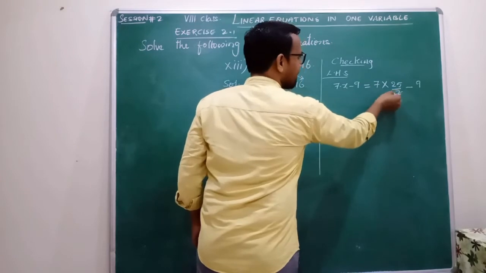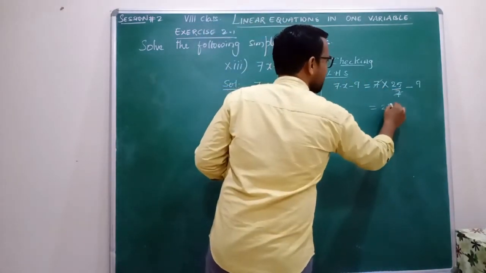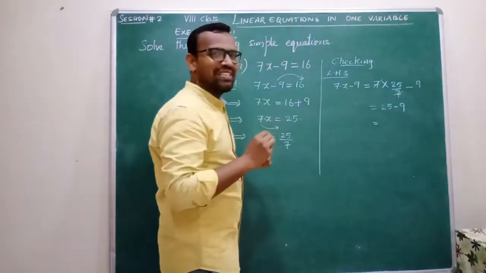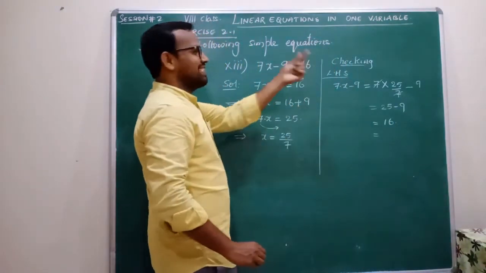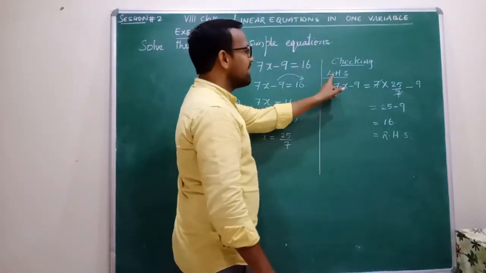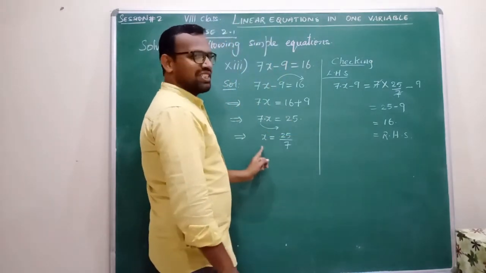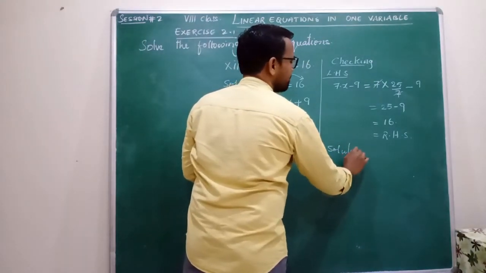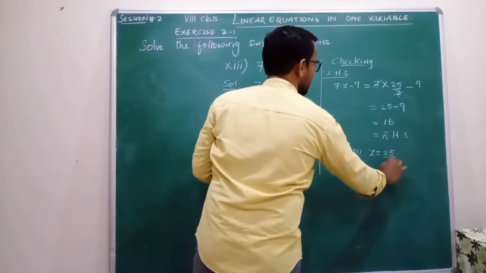Into 7 by 7 got cancelled. So 25 minus 9. Now 25 minus 9, how much? Yes, it is 16. And what is 16? 16 is the RHS in the equation. Here LHS is equal to RHS. That means the solution for the equation is this. Therefore, the solution is x is equal to 25 by 7.